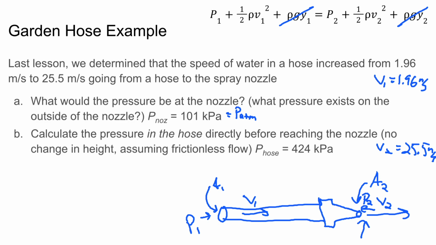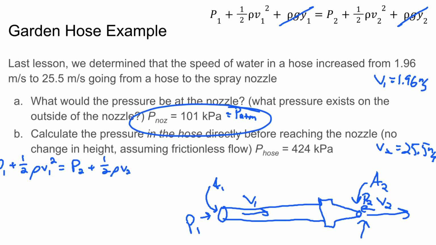So we know that P1, the pressure within the hose, plus 1/2 times the density times the speed of the water within the hose squared, is going to equal pressure 2, or P_atm, which we already found, plus 1/2 times the density times the velocity over the nozzle squared.